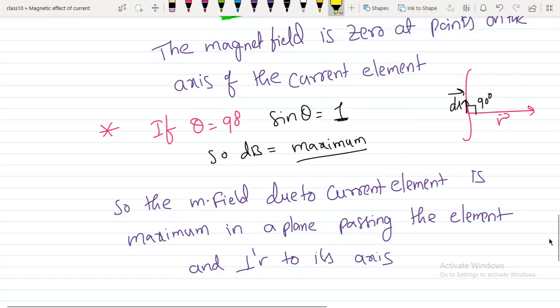So the maximum magnetic field you can get is at a point where the elemental length is perpendicular to the position vector we selected. So there we can get the maximum magnetic field. So this is all about Biot-Savart's law.